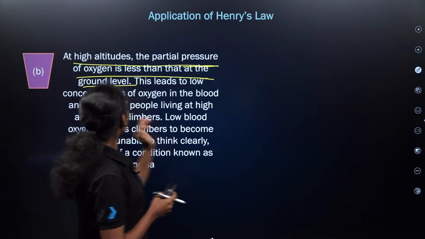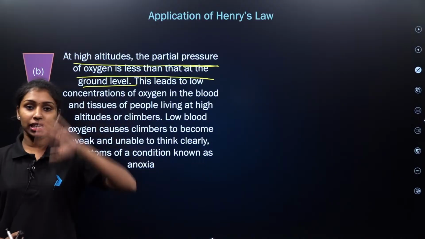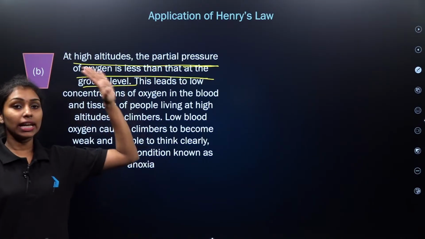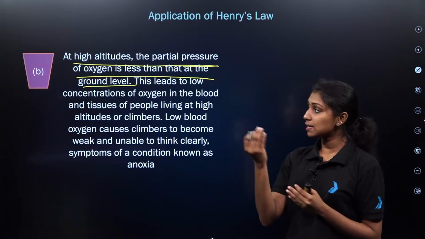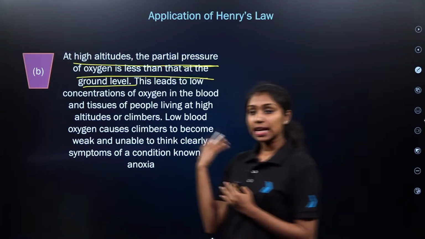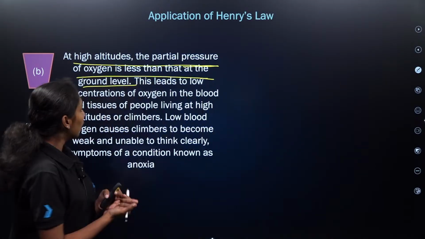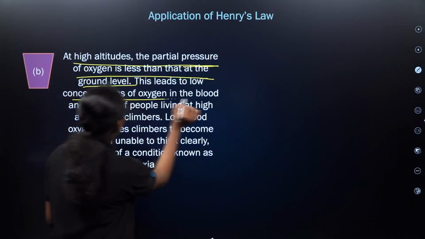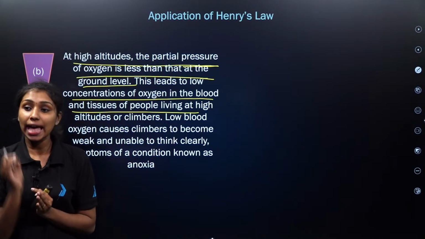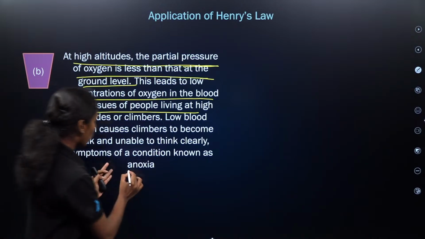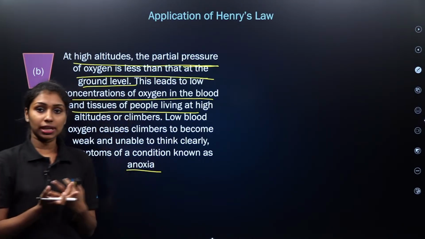Yes. Okay. Here in the case of high altitudes, if he is moving to the high mountain area, the partial pressure decreases. According to our Henry's law, what will happen to the solubility? In the case of dissolved oxygen, what will happen there? Low concentration of oxygen, right? Low concentration of oxygen, which leads to a condition known as anoxia, difficulty in breathing.